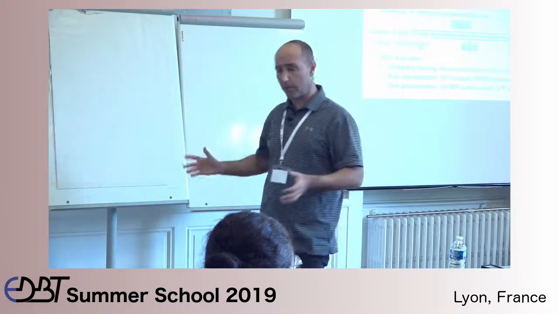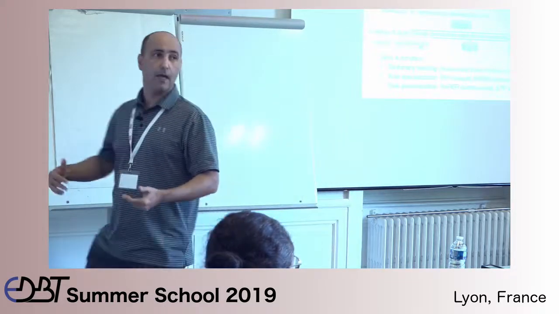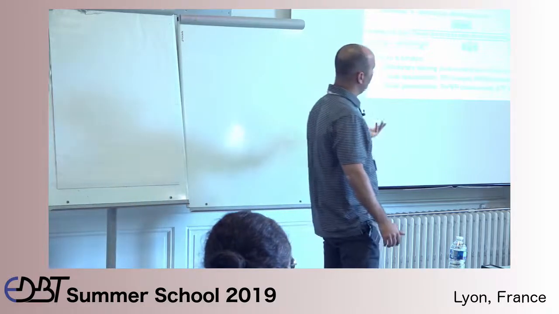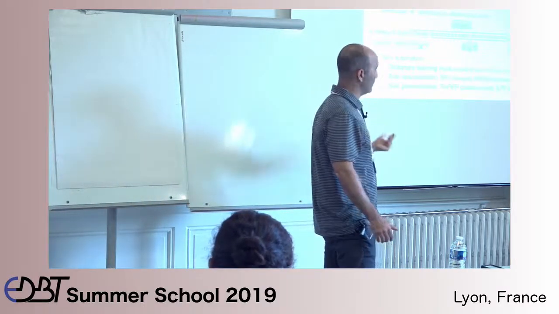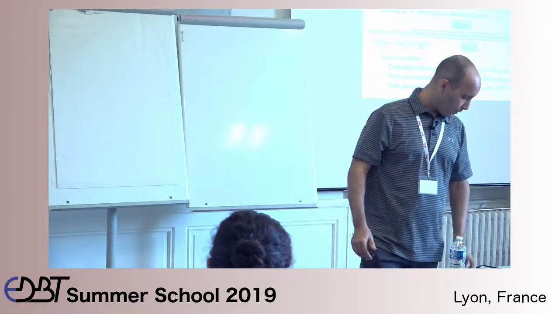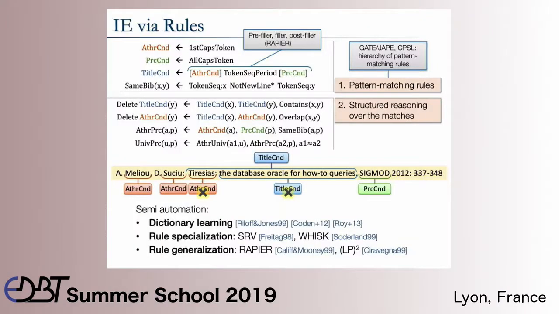You have these dictionaries that are used within these rules, and people have studied all sorts of ways of building these dictionaries to maximize the precision of these information extractors.